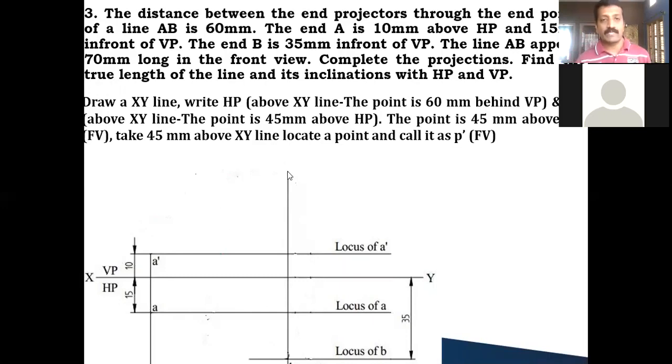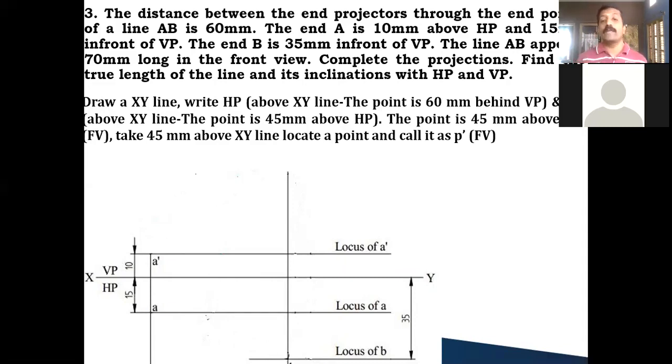This is the end projector distance, which means on this particular line only my B and B dash should come. Wherever this vertical line cuts the locus of B in the top view, that point itself is my point B, the top view. After identifying this point, you can join AB with a thick line. So this is your top view.